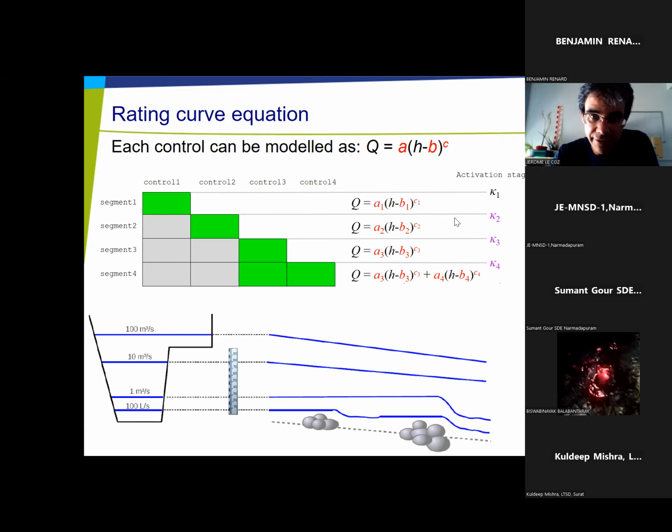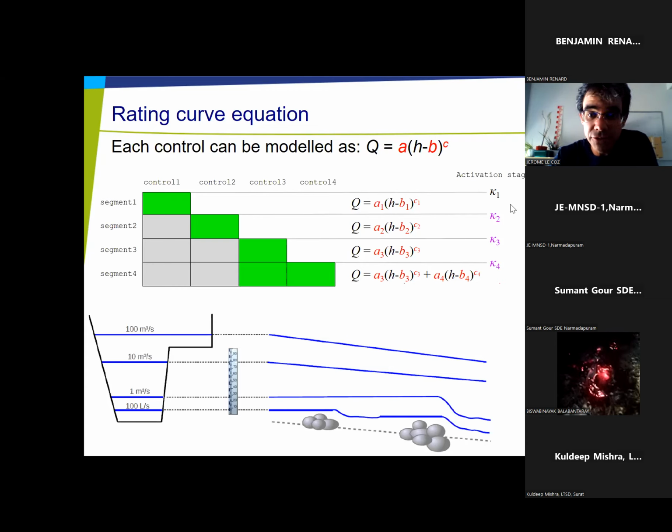And actually, we also have those K or kappa parameters here, which are what we call the activation stages, which are the water level above which a control becomes active. So that's not always equal to B. In some cases, it is.